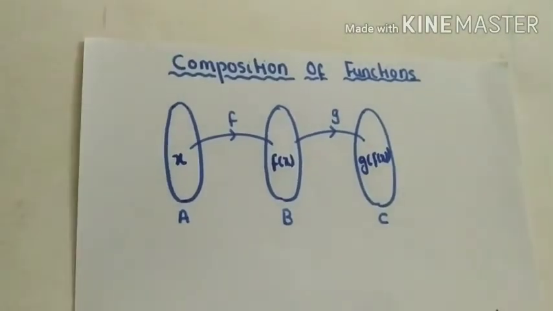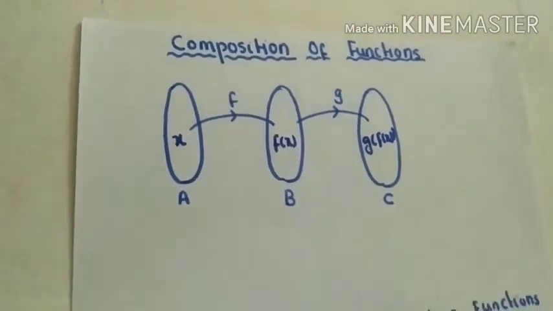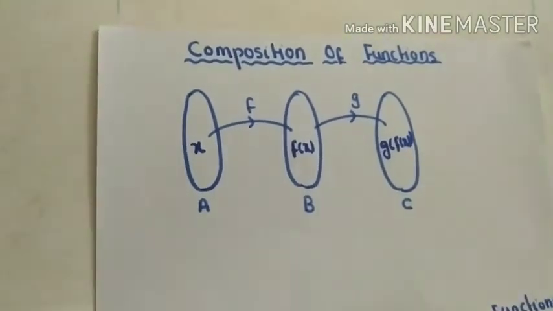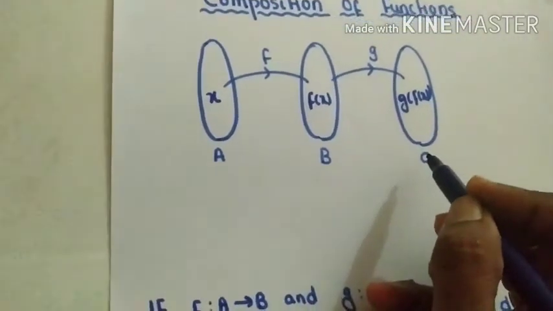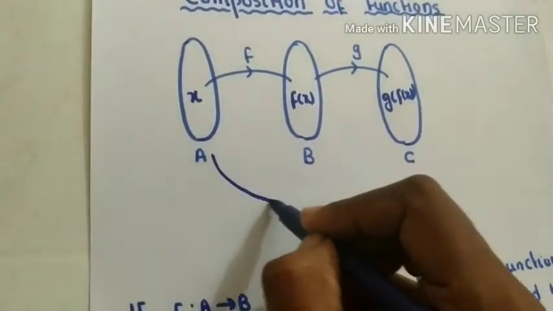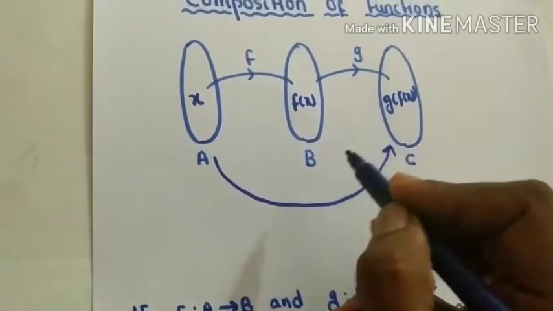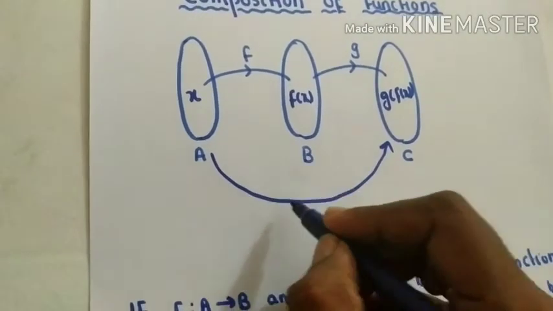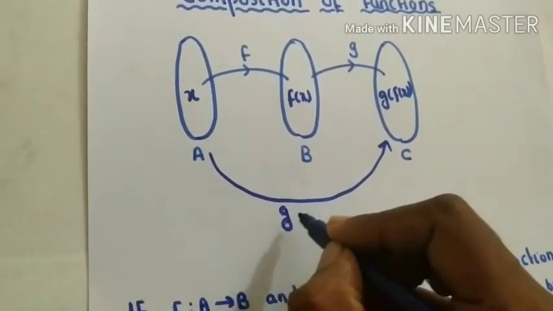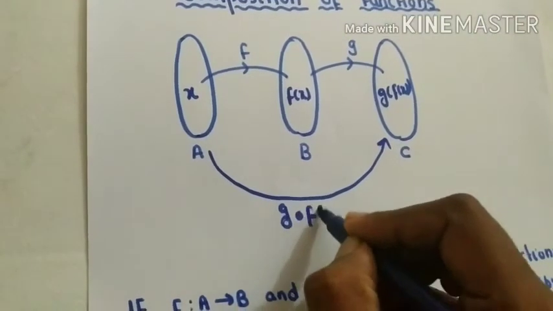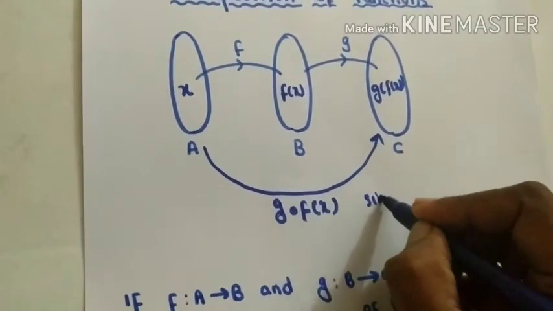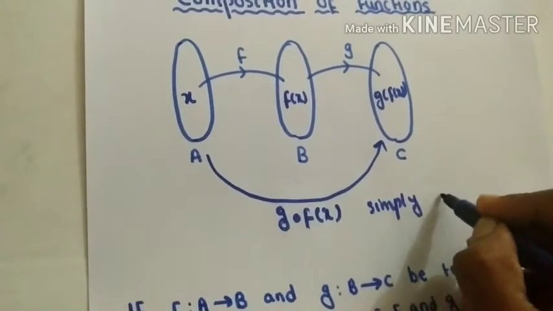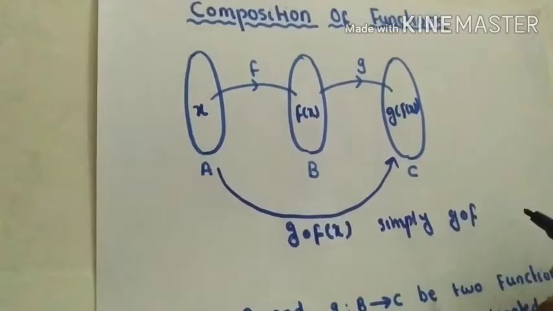Okay. In short, the new function which moves from A to C is defined by g of f of x, or simply g of f.